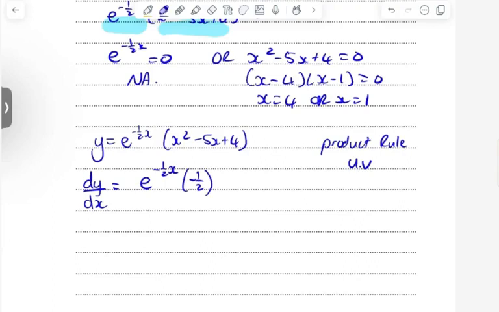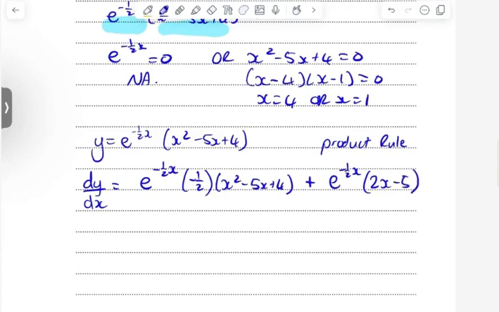So derive the first, leave the second one, and then you leave the first one, and you derive the second one. That's just 2x minus 5.